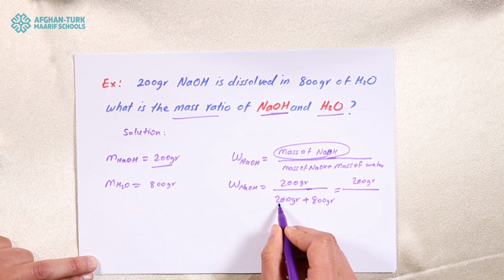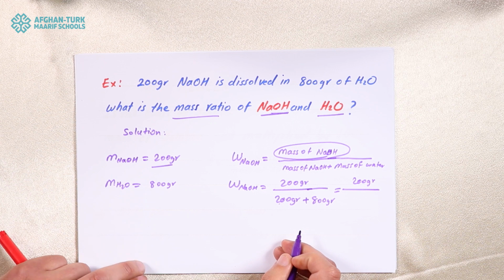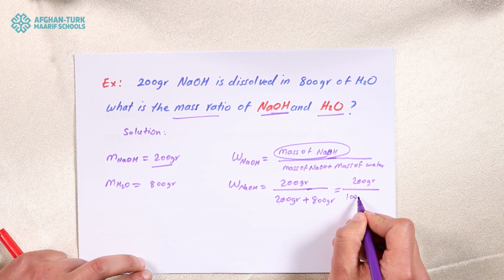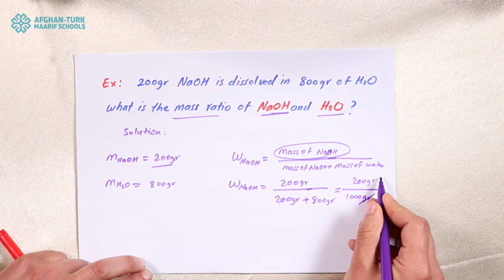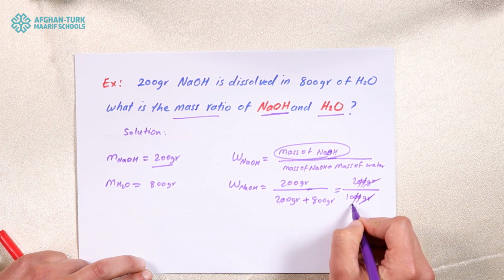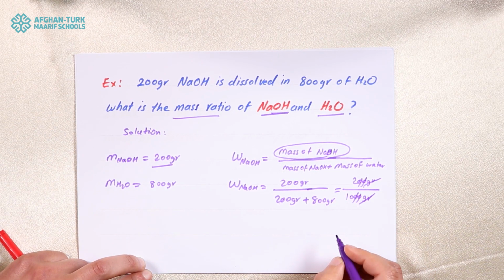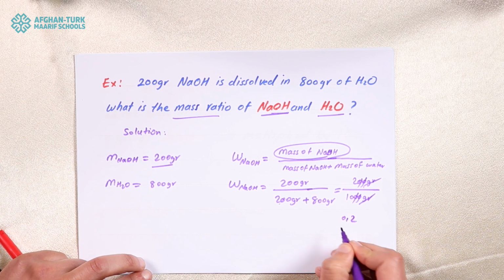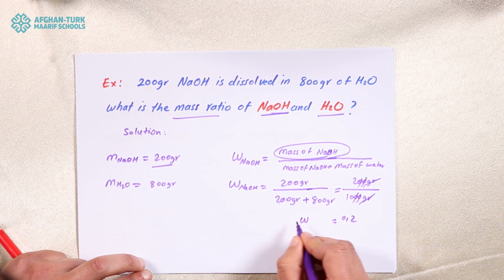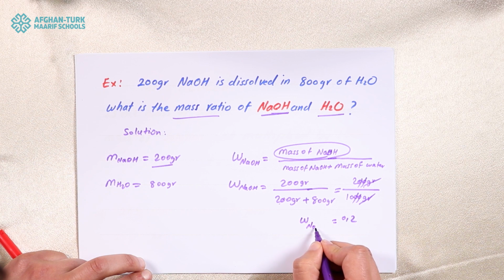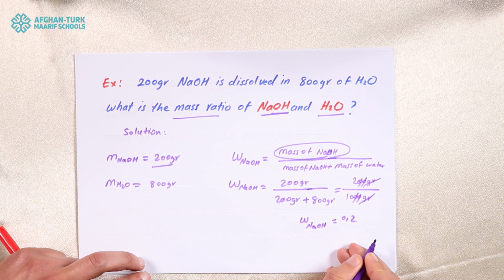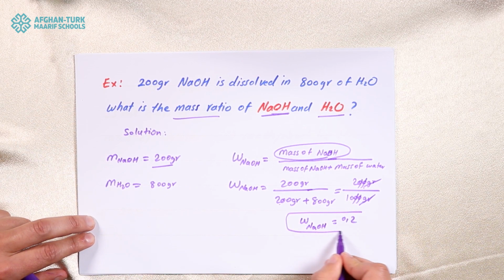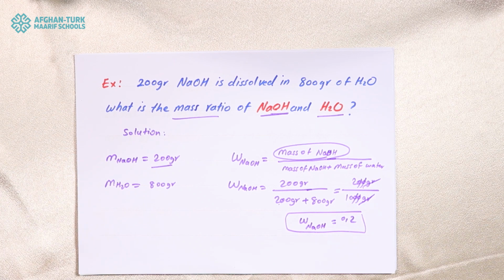In the denominator we have 200 grams plus 800 grams, which is 1000 grams. We can cancel gram by gram and simplify. 2 divided by 10 is equal to 0.2. It means the weight ratio or mass ratio of sodium hydroxide is equal to 0.2. It also does not have any unit.